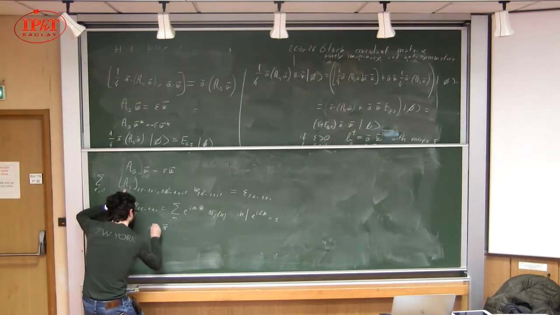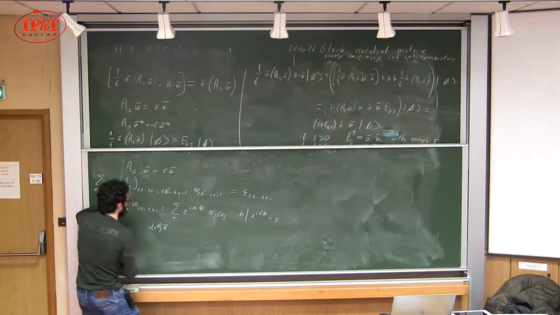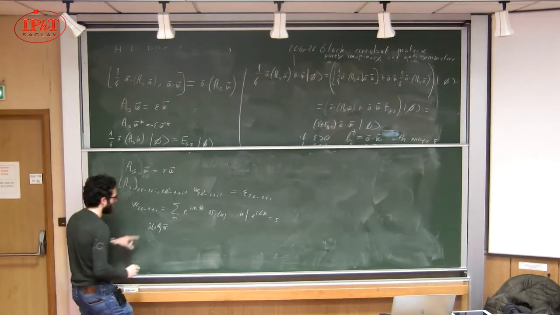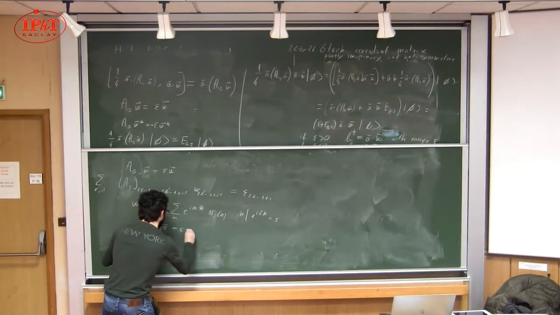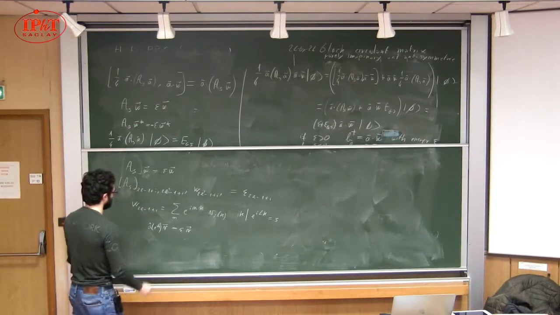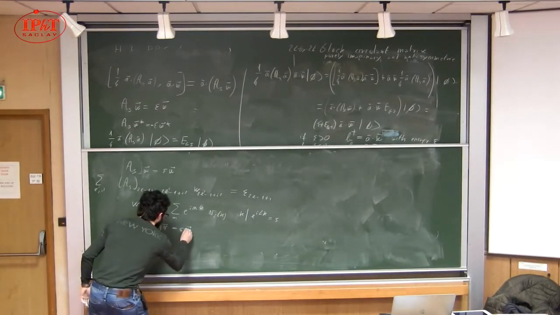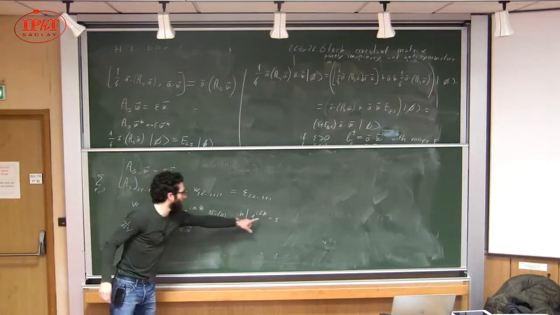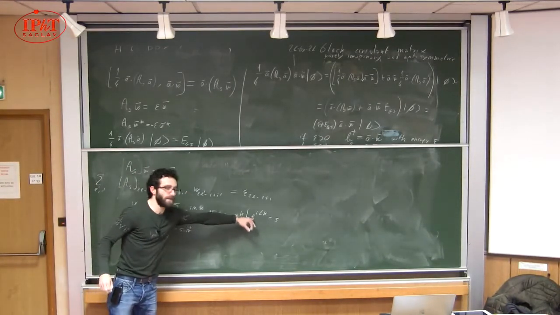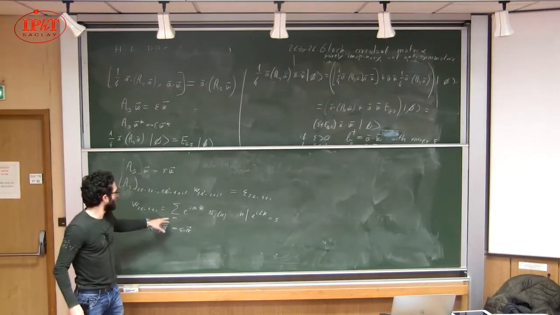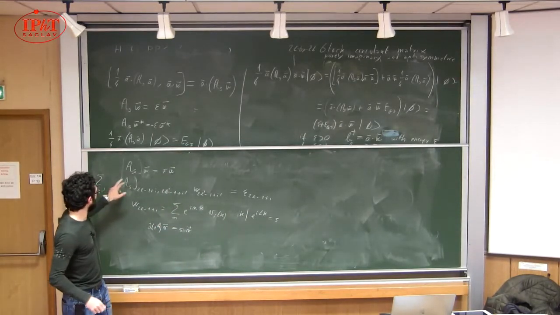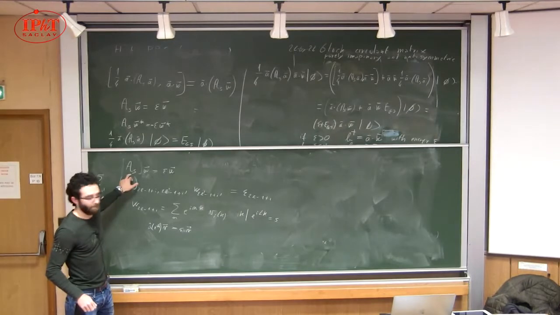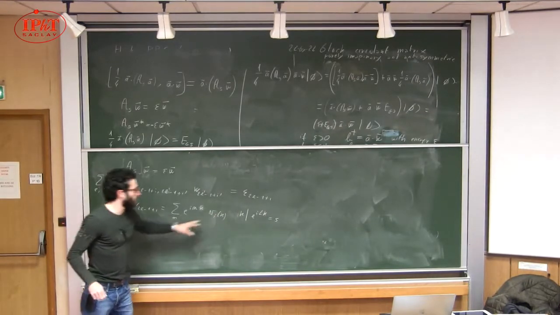So you have A, which I called before A, and A v is equal to epsilon v. What I mean is that for each k satisfying this condition, you find an eigenvector of this matrix, and the eigenvector has this form.